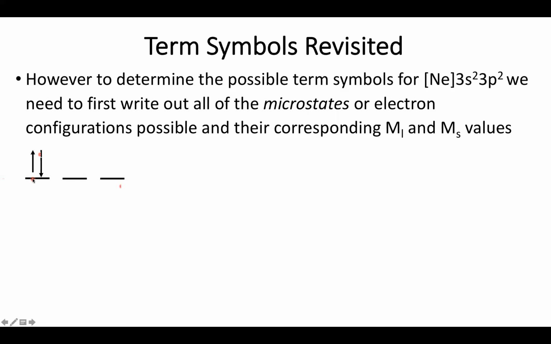So in this case, I have 2 electrons in the -2 orbital, so I'll have a total m sub L of -2. And my 2 spins are paired off and should cancel out, so I'll have no net m sub s. So I'm labeling this as a -2 and 0. So this is a fairly straightforward state, but now I have to count all of the other possibilities.